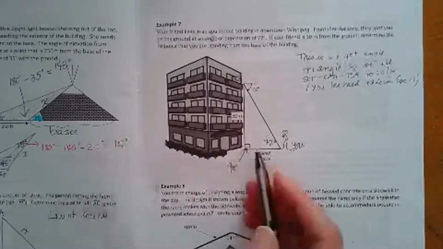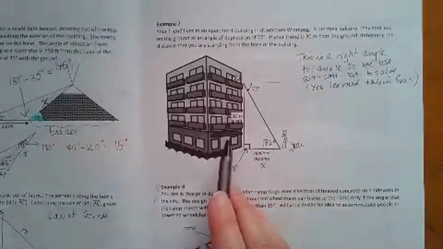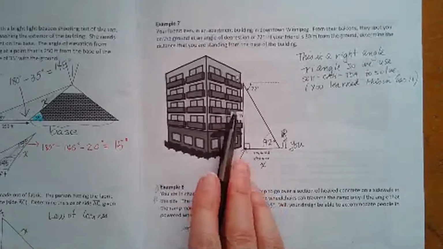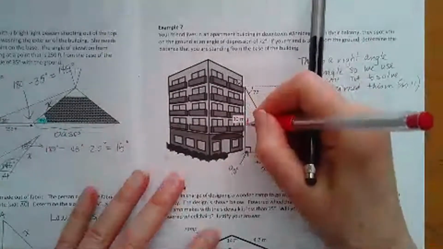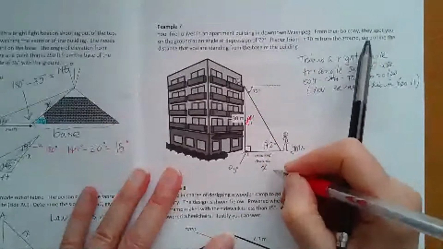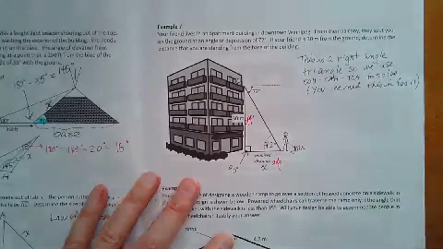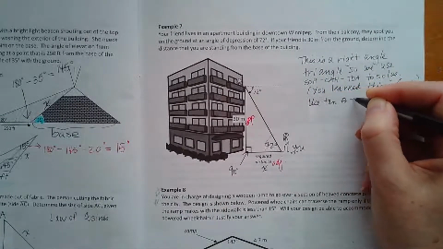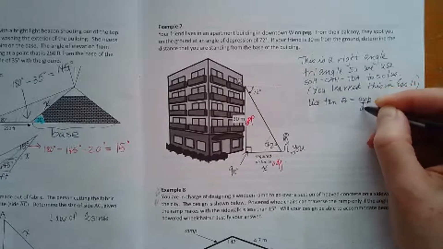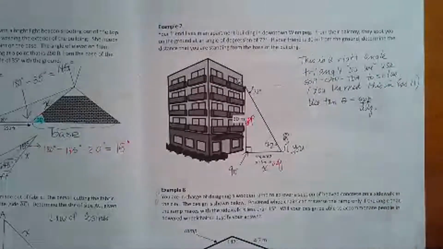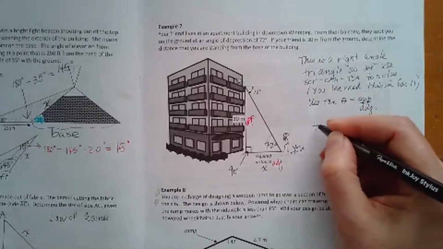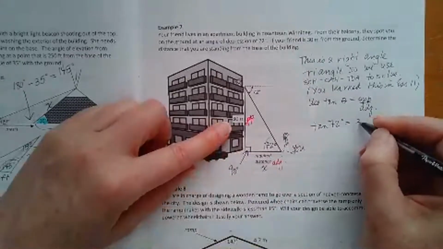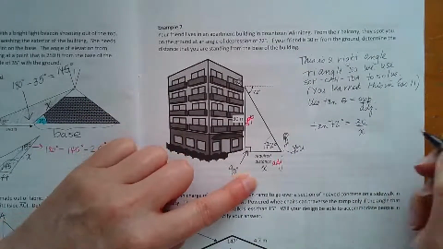Do you remember the grade 11 trig? It might be a little difficult to remember, but this is my angle. So this would be my opposite side, and this would be my adjacent. That tells me I have to use tan. Tan theta equals opposite over adjacent. So tan of 72 degrees equals 30 over x.